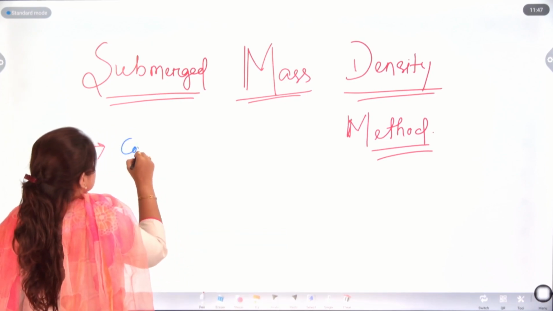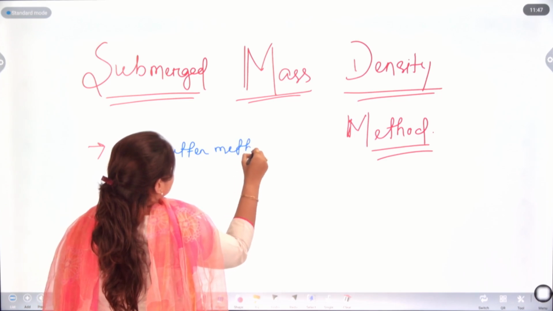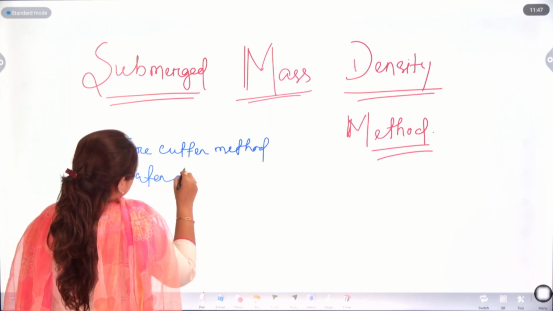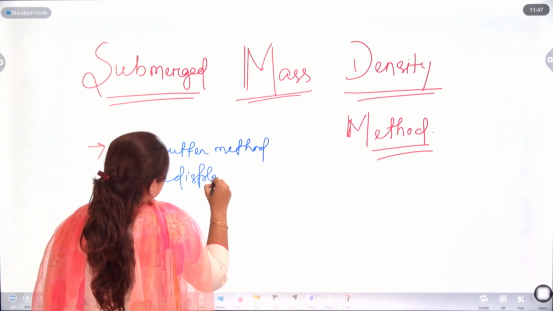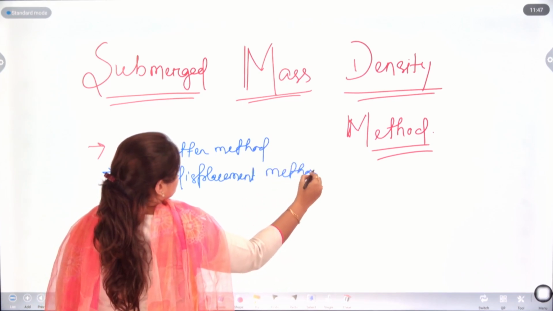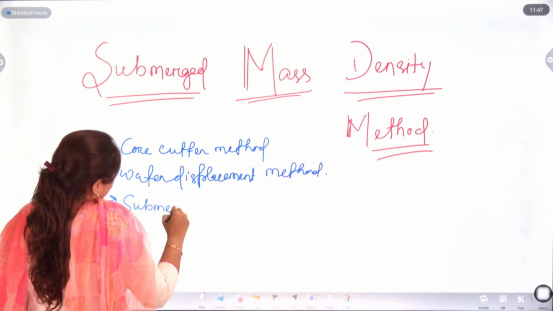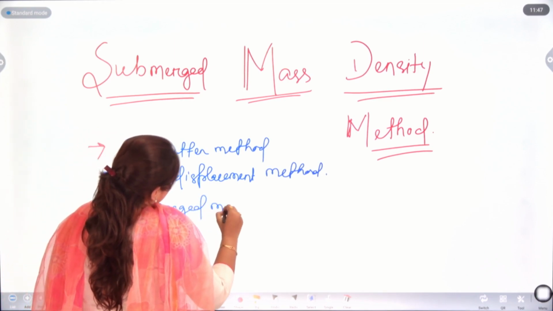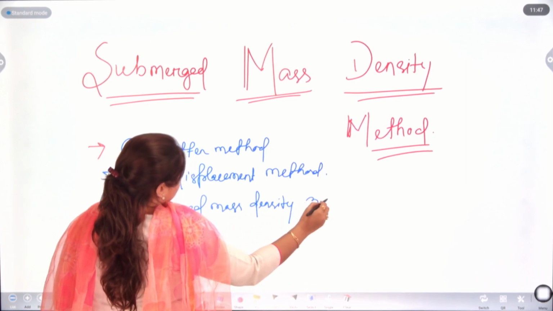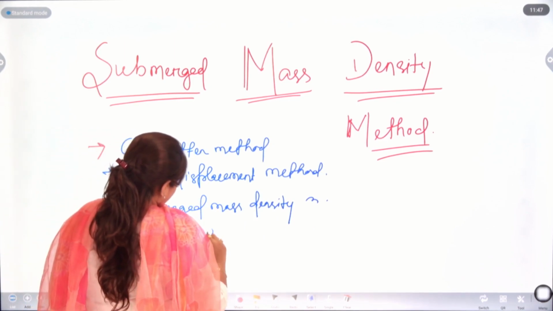The first one is the core cutter method, then the water displacement method, the submerged mass density method, and the last one is the sand replacement method.